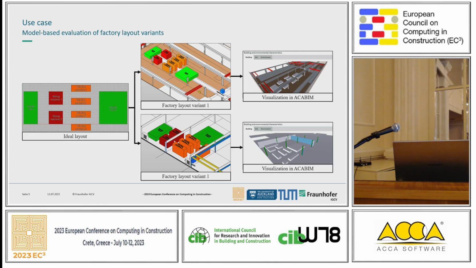What you can directly recognize is that the material flow is more formed like an L in the lower variant, or this is wrong. This should be factory layout variant 2. It's more like an L, and in the upper variant, it's more like a straight layout where you have a straight material flow.